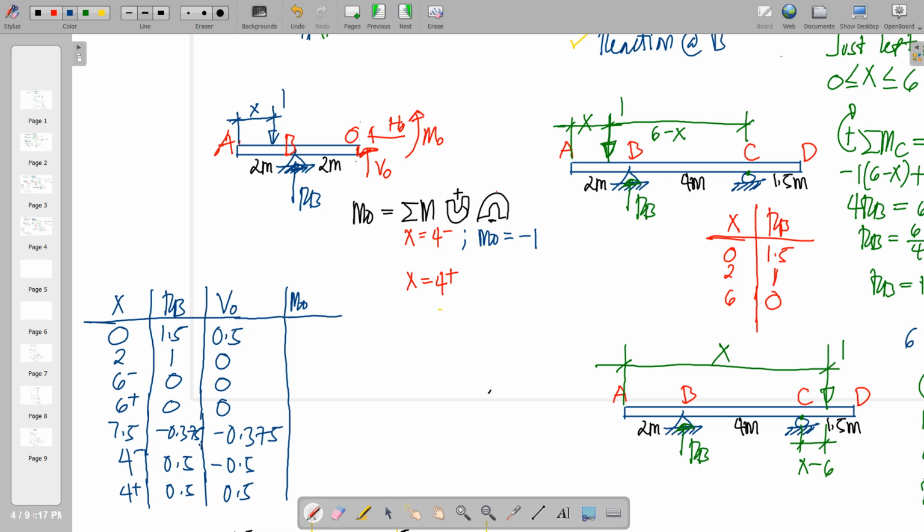And of course, we need to locate that from point O. So we need to have this distance. And that distance will be what? 4 minus X. Okay? So that distance is 4 less X.